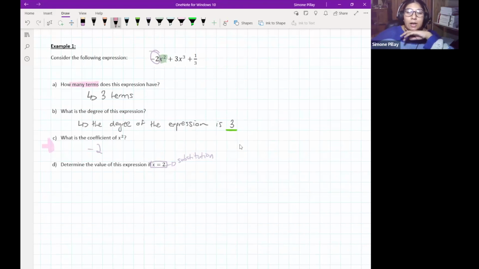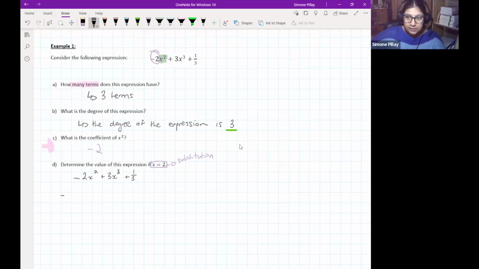And so how do I do this substitution? Well, what I want to do is take my expression, which is negative 2x squared plus 3x cubed plus 1/3. I want to say, okay, now I know what x is going to be. X is going to be 2.